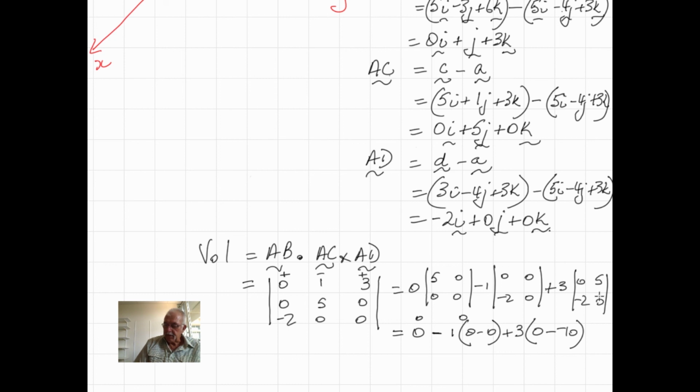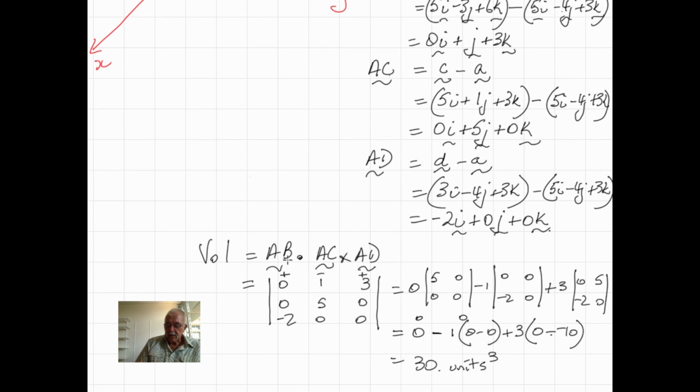It's always that diagonal minus that diagonal, so minus negative 10. So 0 minus 0 is 0, and then 3 times 0 minus negative 10 is 0 plus 10, so 3 times 10 is 30. So 30 cubic units would be the volume of that parallelepiped.